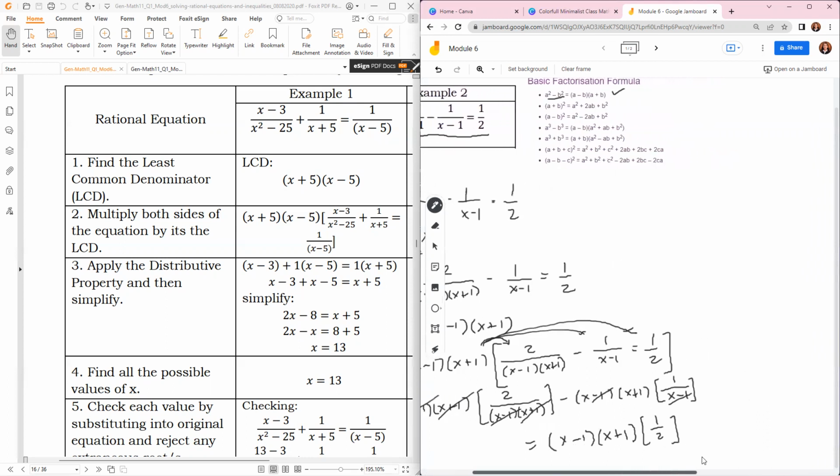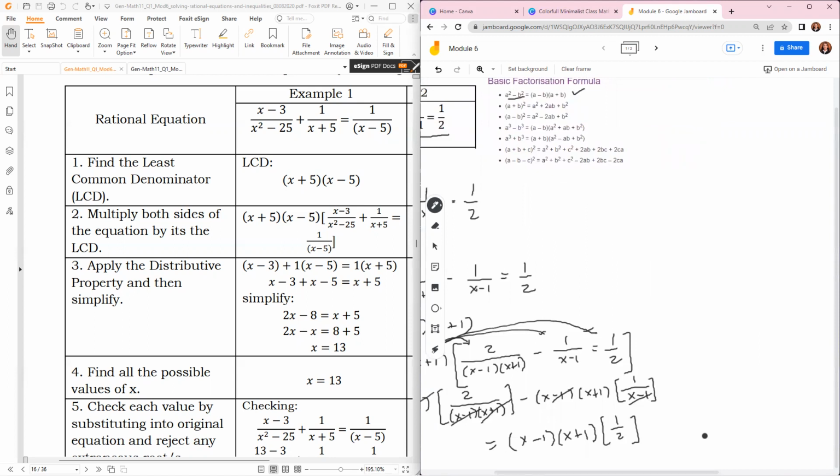So after canceling, we copy what remains.